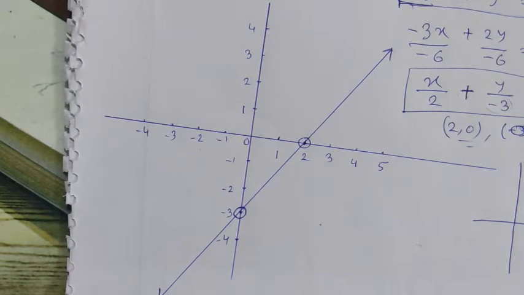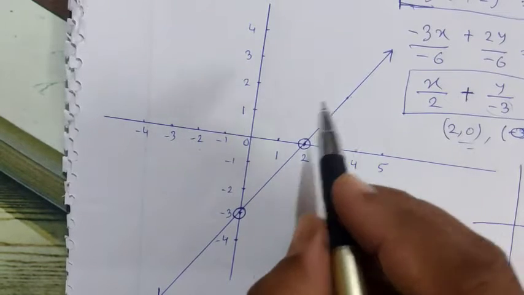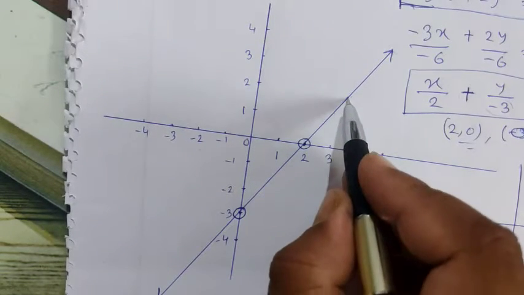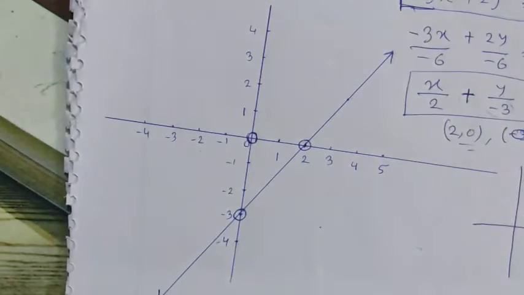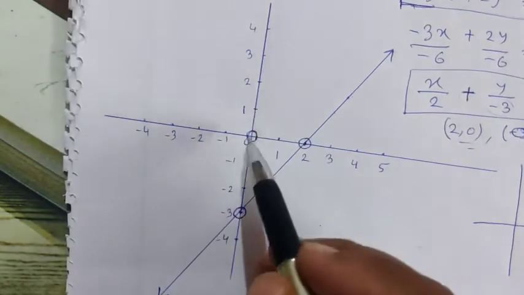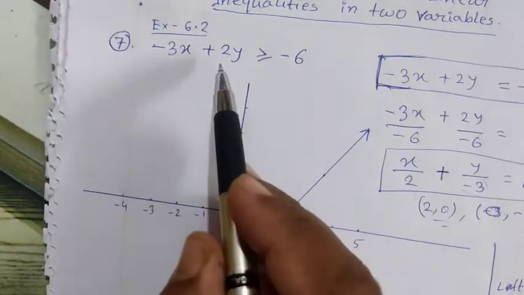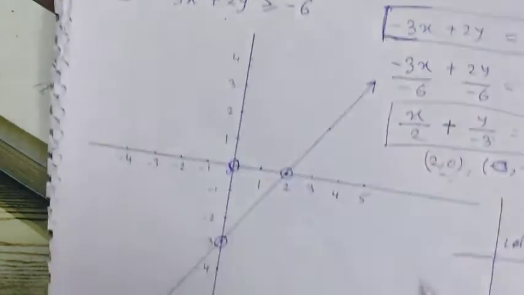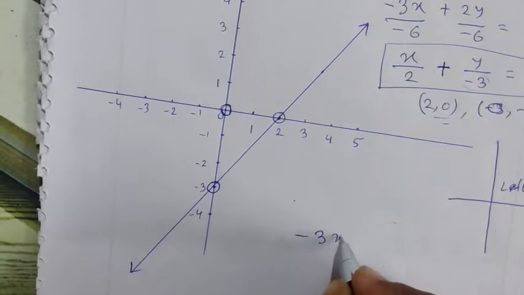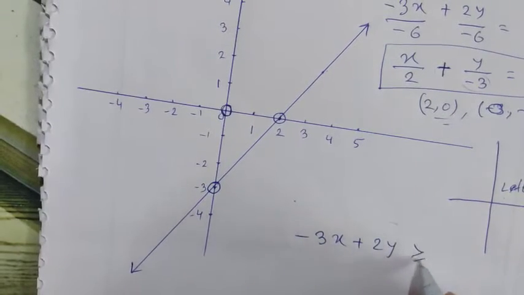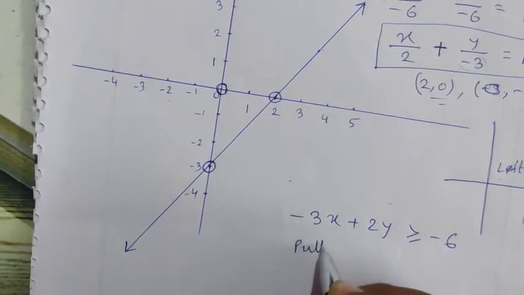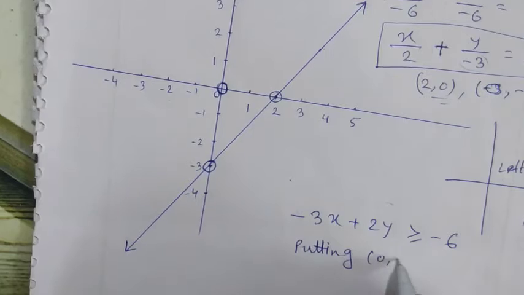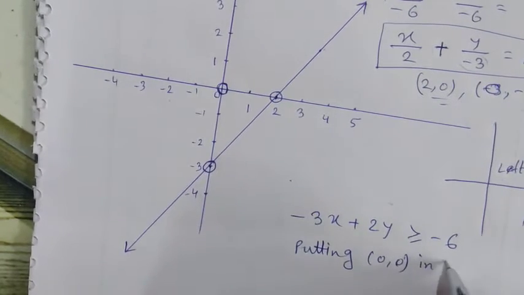For that, we will select another point which is not lying on this line. So let's select (0, 0), which is not on this line, and we will put this point (0, 0) in the inequation. The inequation is given as -3x + 2y ≥ -6, and we will put (0, 0) in the inequation.